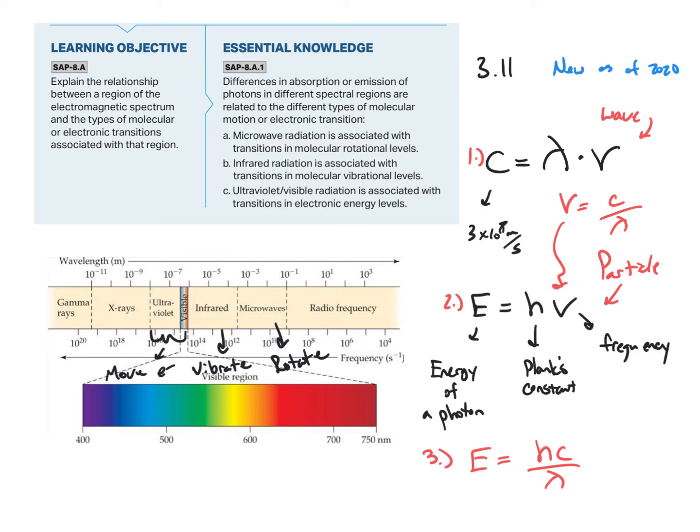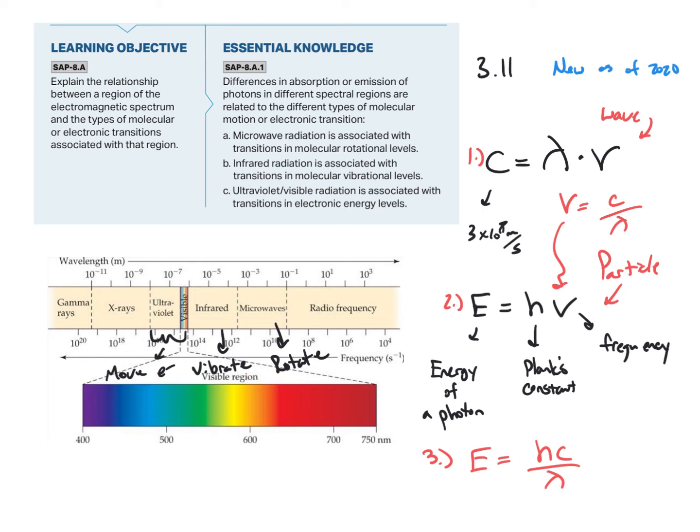The reason you care about this third formula is that you will probably be delivering the electromagnetic radiation in the form of a photon at a specific energy, and you'd be expected to figure out what wavelength of the electromagnetic spectrum that energy is associated with, and then apply that to one of these three situations.